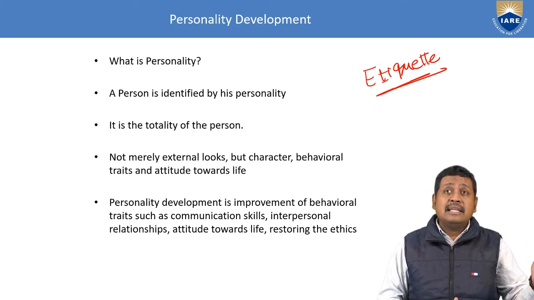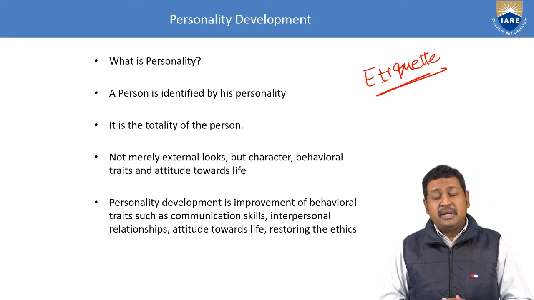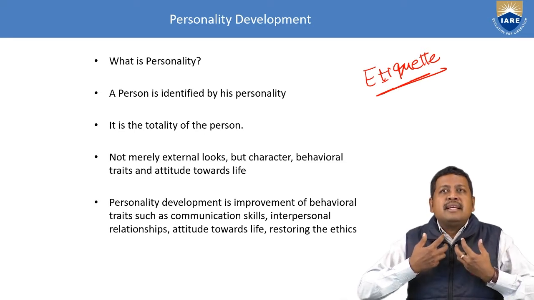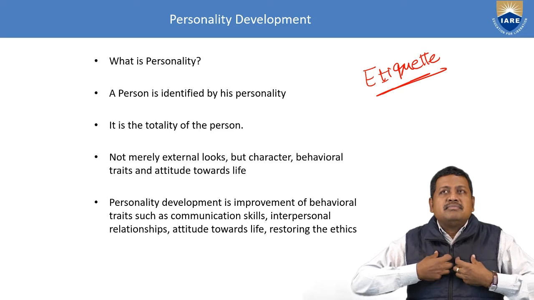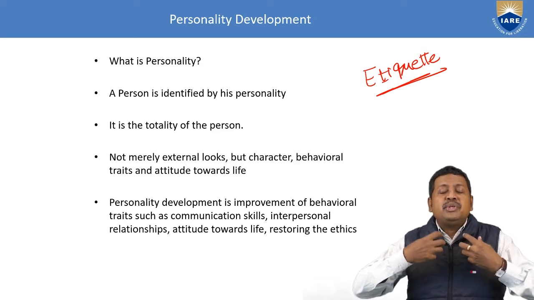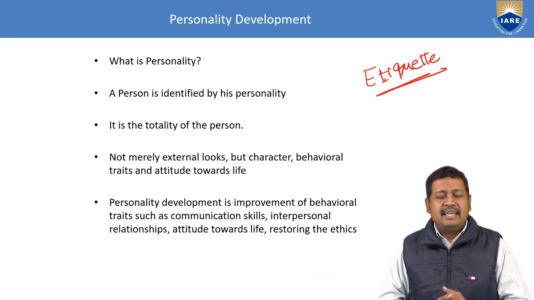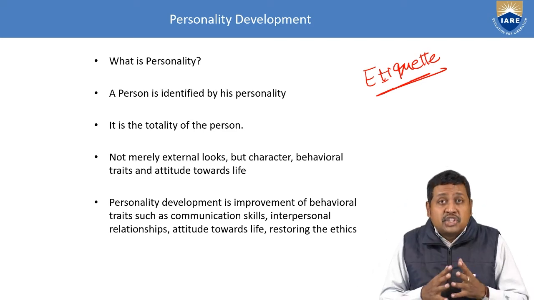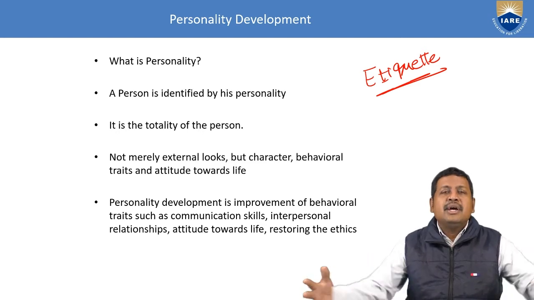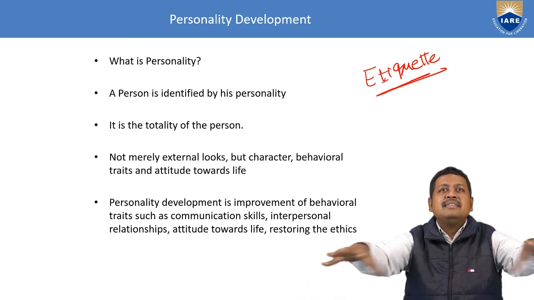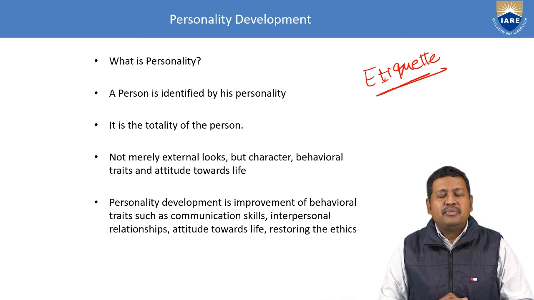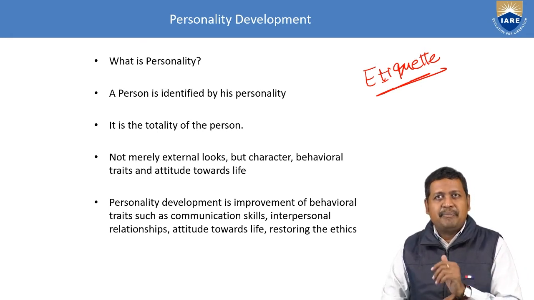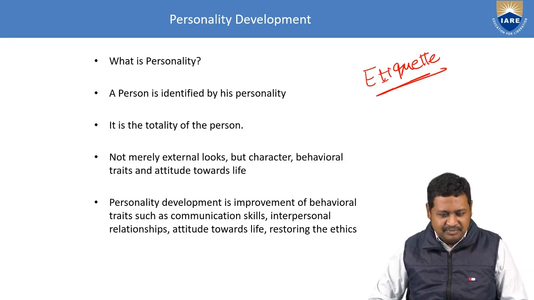There is also something called intrapersonal relationships, where intra means something that you think within yourself. Intrapersonal is what you think in yourself, whereas interpersonal is within the team, within the family members. Okay, fine, right.